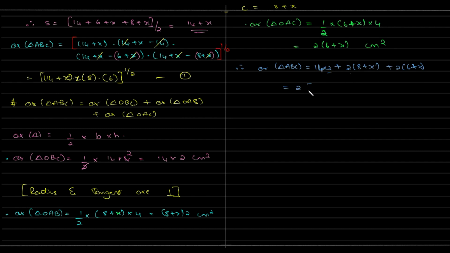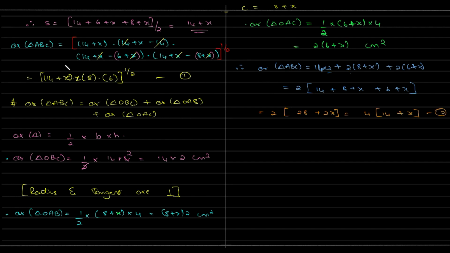So most of the time you need not calculate things, things will just fall in place. So this will be 8 plus x. If I take 2 common, these are the terms that will be left out. So the calculation becomes very simple. So 2 times of 14 is 28 plus 2x. So I'll take 2 common. So 2 times of 2 is 4. 14 plus x will be left out. This I'll call equation 2.